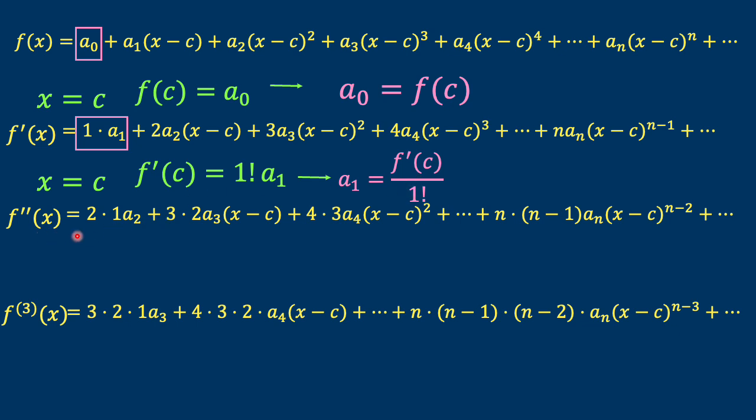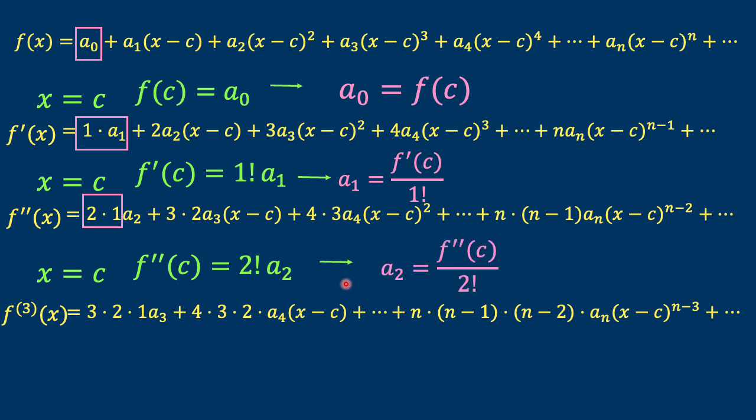Now let's go to a2. Same thing: we plug in x equals c. The second derivative of f at c equals 2 times 1, which is 2 factorial, times a2. So a2 is the second derivative of f at c over 2 factorial.